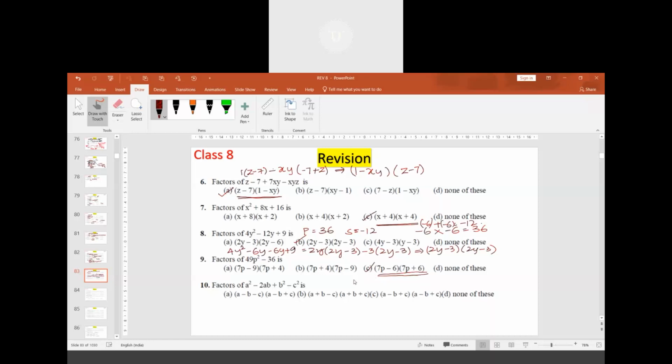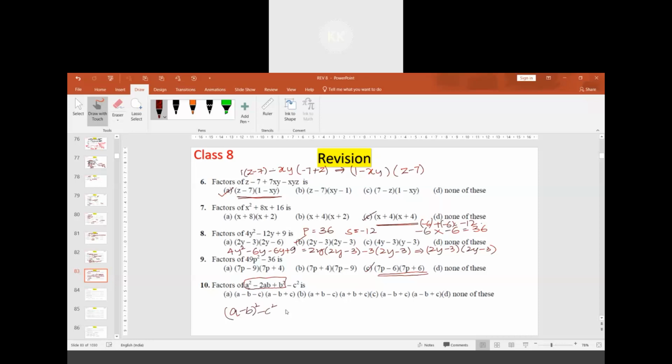10th one. A square minus 2ab plus b square minus c square. From this, if you take a square minus 2ab plus b square, it is a minus b whole square, minus c square.